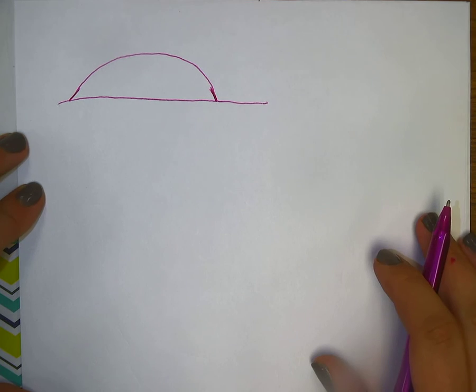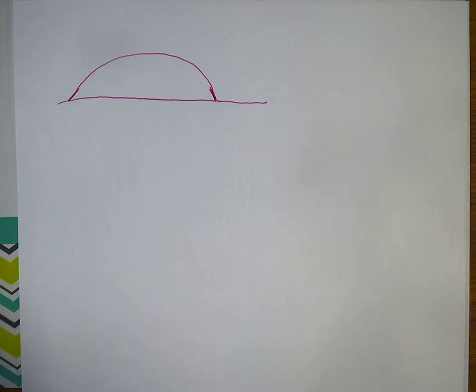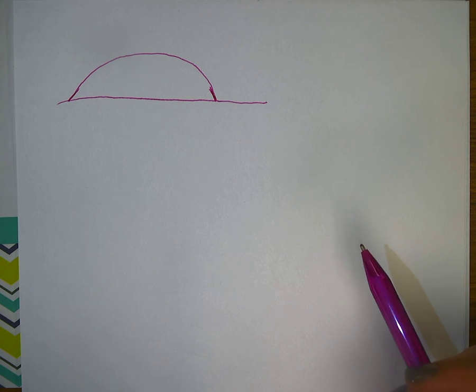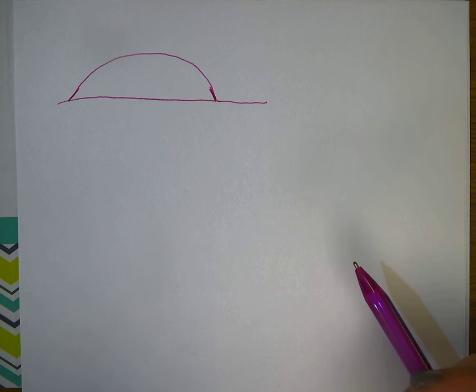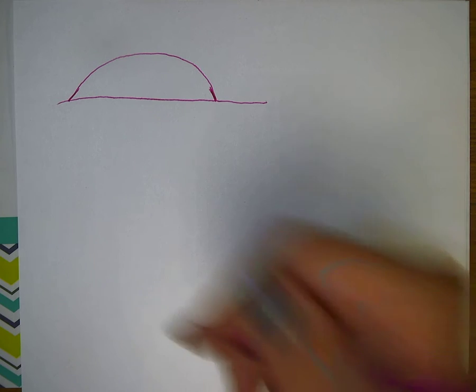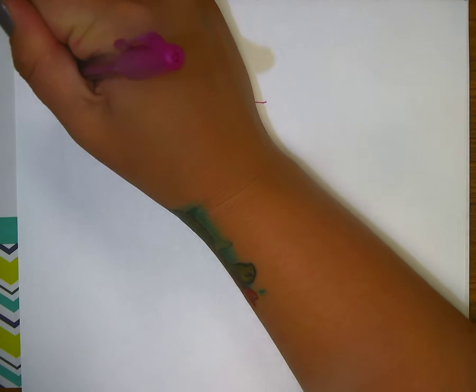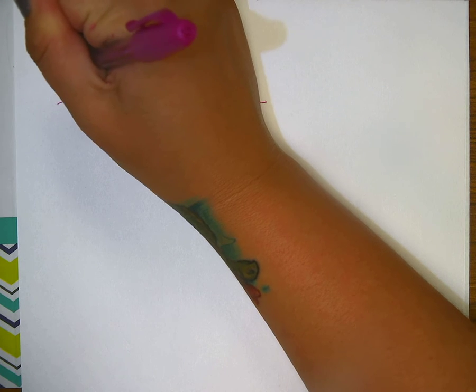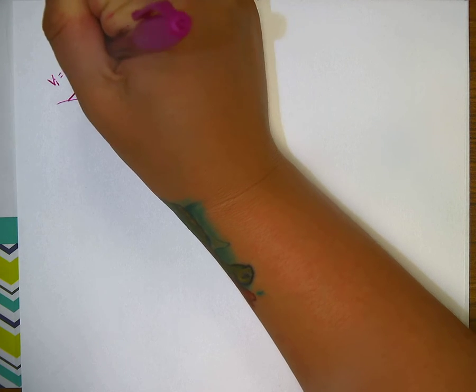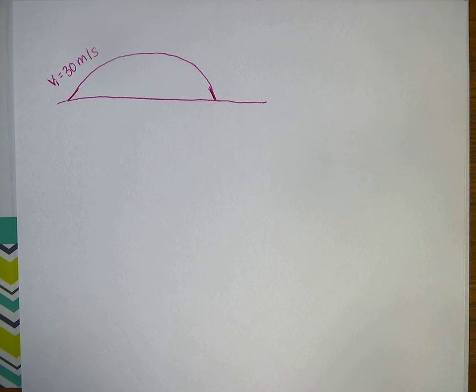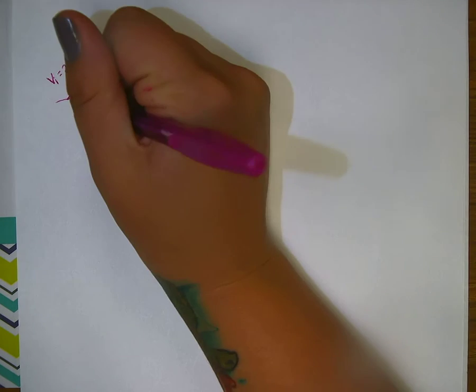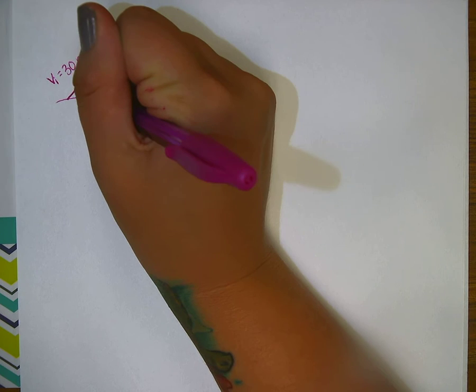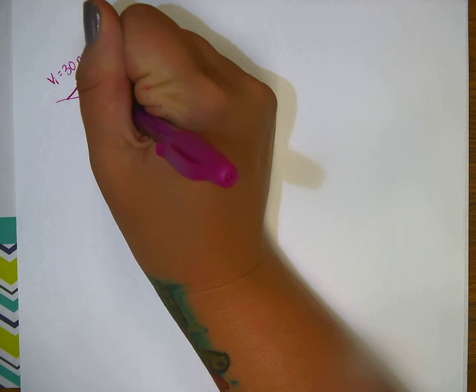So we're going to go ahead and label on our drawing what was given in the problem. So given in the problem, we know that the motorcycle runs up at 30 meters per second. So our velocity initially is 30 meters per second. And we know that the ramp is inclined at 25 degrees. So we're given an angle, and the angle is the incline of the ramp right here. So this is 25 degrees.